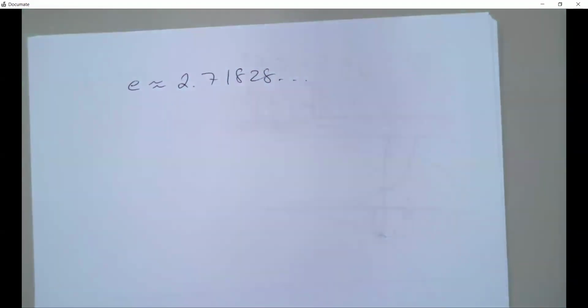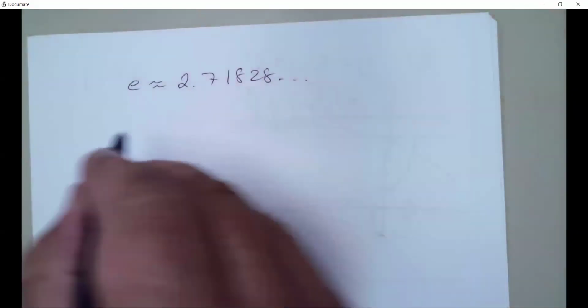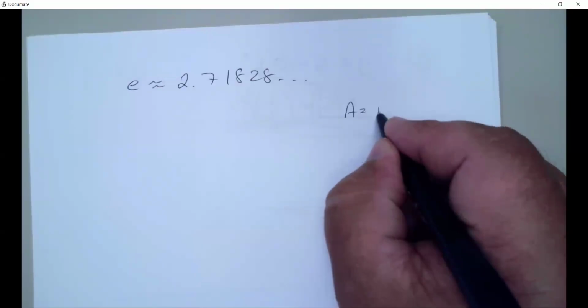Using the same equation, we came up with a number called e. e is a constant value of 2.71828, blah, blah, blah, and it's based on this annuity formula.